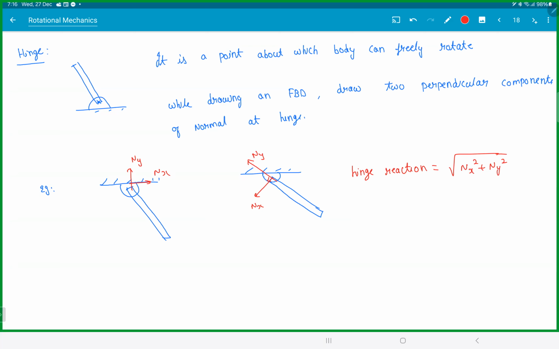NX and NY are simply components. So the main idea: whenever you see a hinge in a free body diagram, put NX and NY. If they ask you to find hinge reaction, they're asking you to find root over NX square plus NY square, because the hinge force could be in any direction. So we take care of it from the beginning. This is what makes this chapter, I wouldn't say difficult, but there are too many small things. Clear?